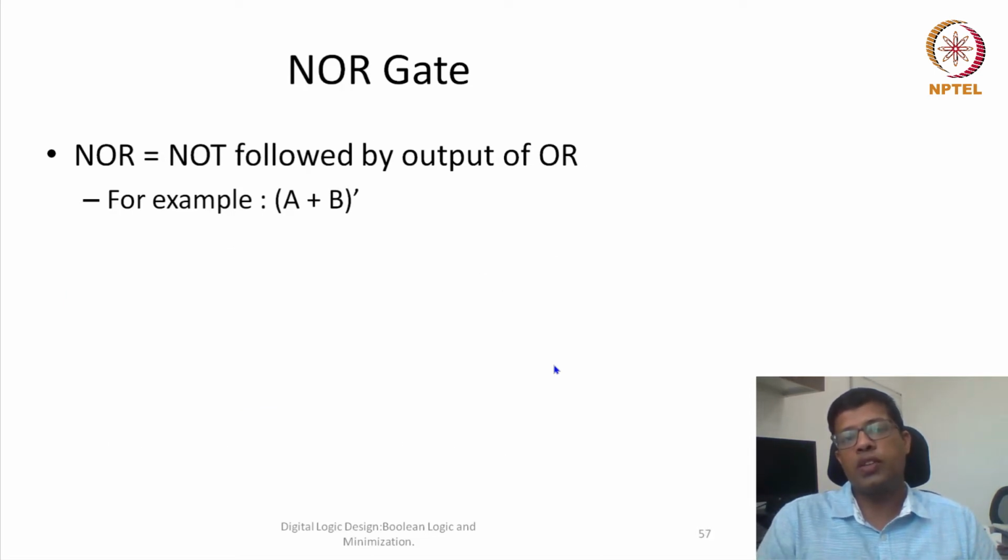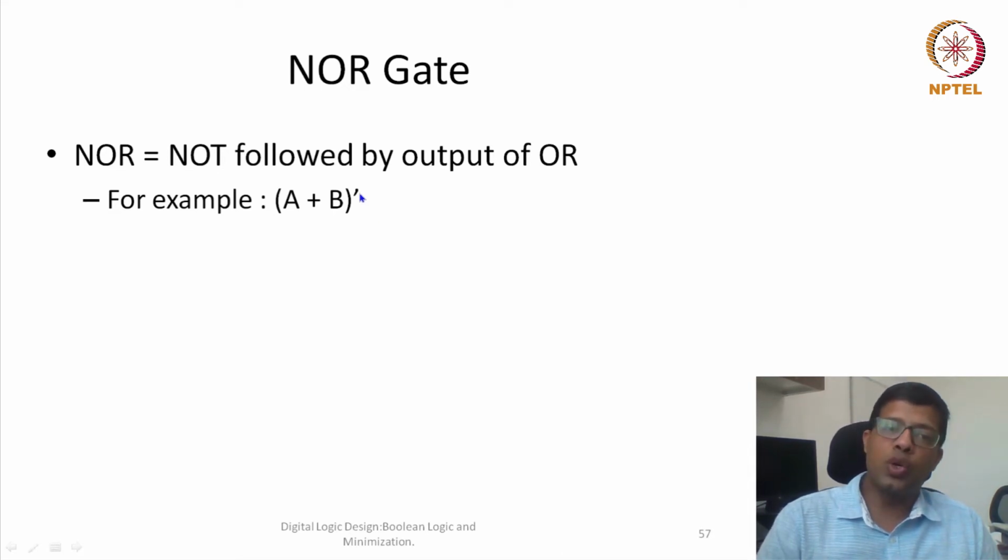The NOR gate functionality is the output of an OR gate followed by an inverter. We can also say that A plus B represents an OR gate. If its output is inverted, then it is considered a NOR gate. Let us see the truth table of a NOR gate.